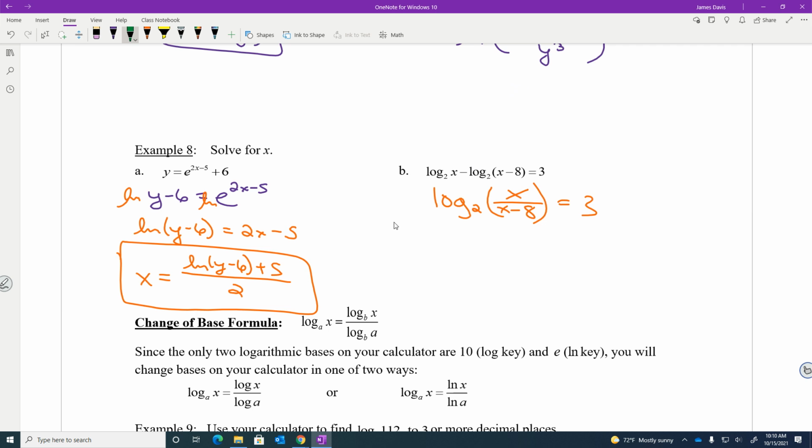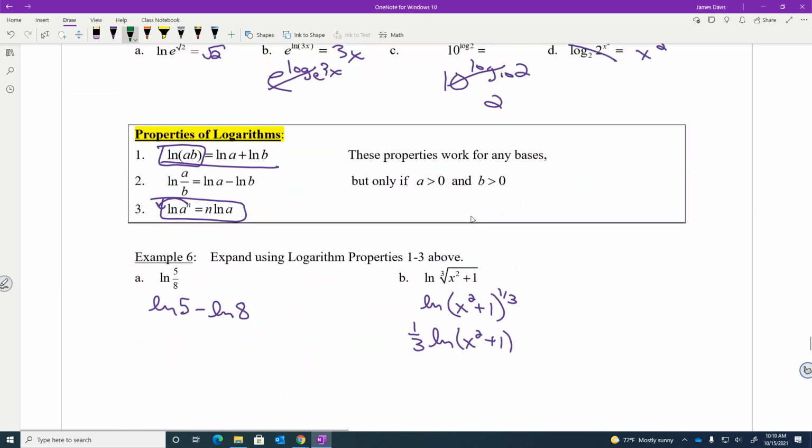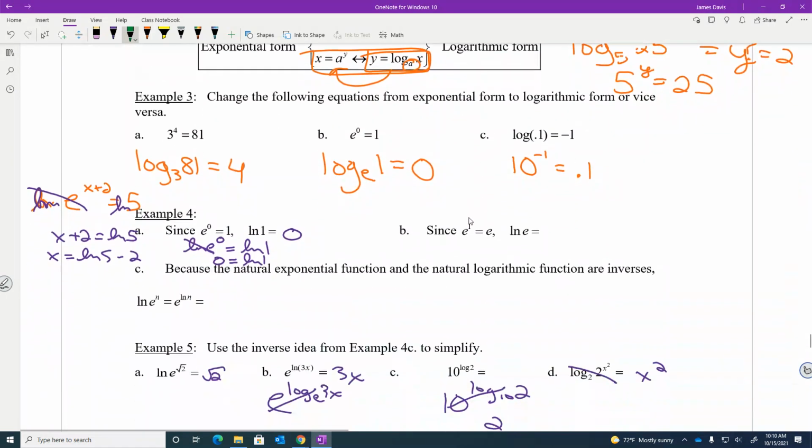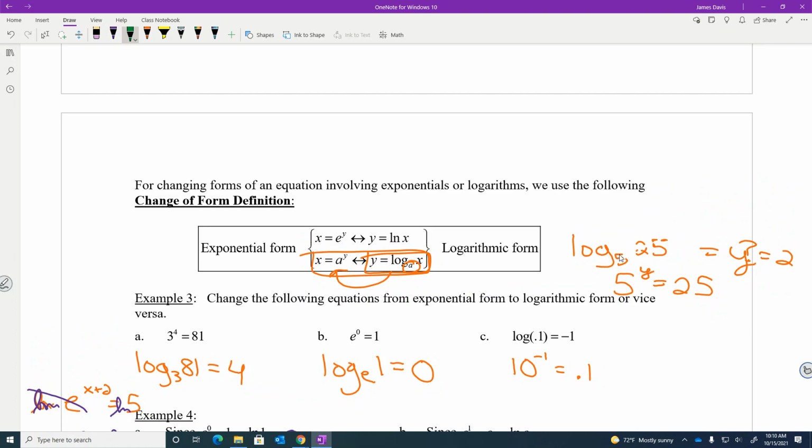So think logarithmic to exponential form. So like what we did here.